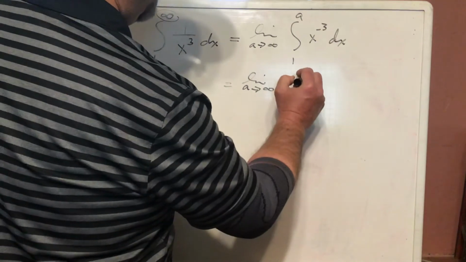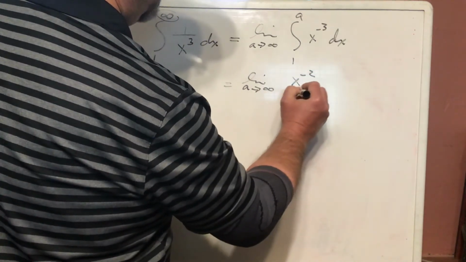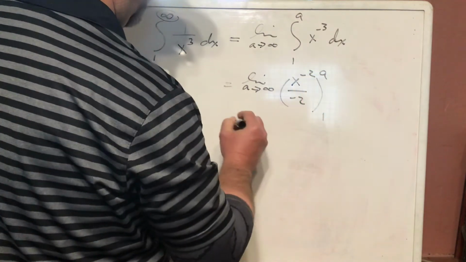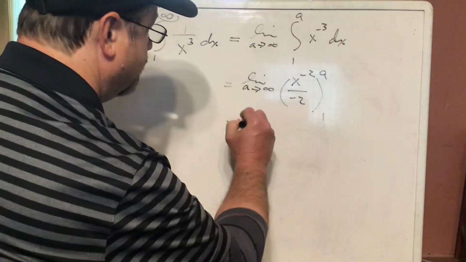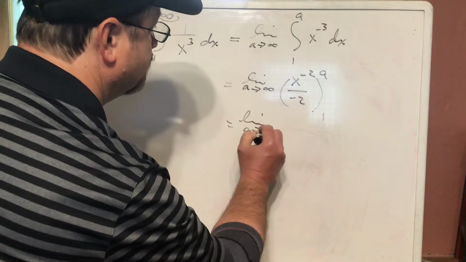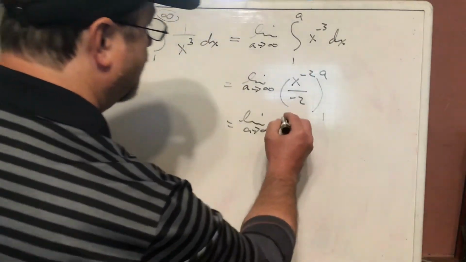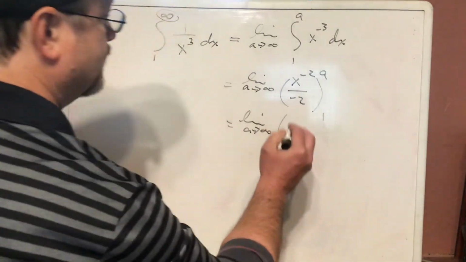So again, the limit as a approaches infinity. Raising the power by 1 and dividing by it, I get x to the minus 2 over minus 2, which needs to be evaluated at a and at 1. Since x to the minus 2 means there's an x squared on the bottom, I'm going step by step here.